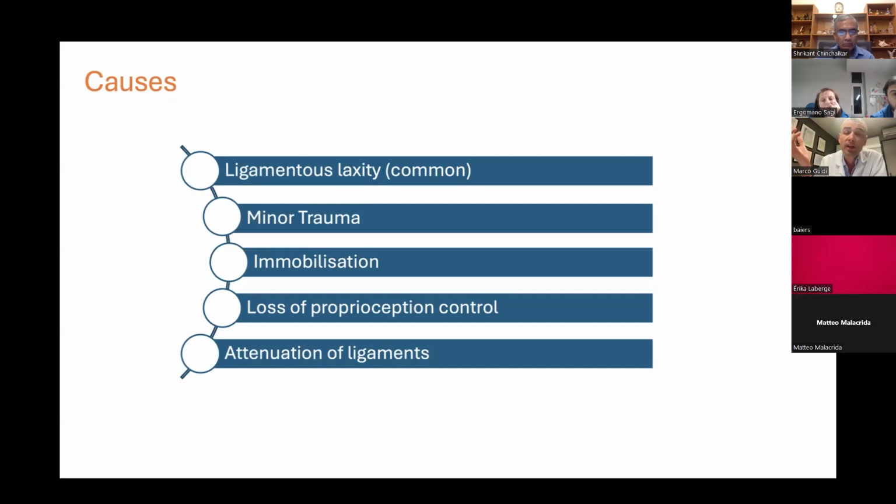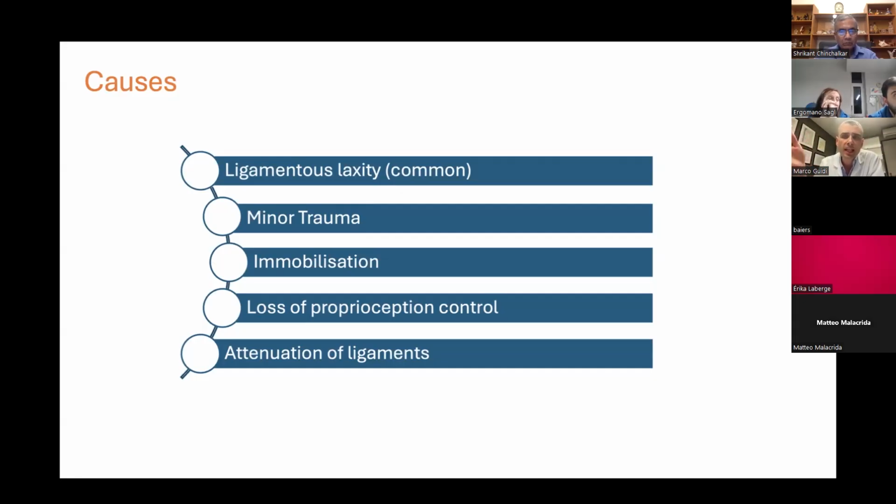who can remember some minor trauma. But it's important to say that in the ligament we have some mechanoreceptors, the Ruffini receptor, the Golgi tendon-like receptor. They work by sensing tensile forces, so they work with this tension information, and they bring information to our brain.